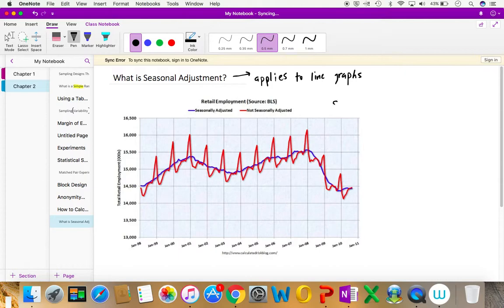So let's define seasonal variation. It's a pattern that repeats itself over the course of a year, and let's generalize that even more: it's just a pattern that repeats itself in regular intervals.